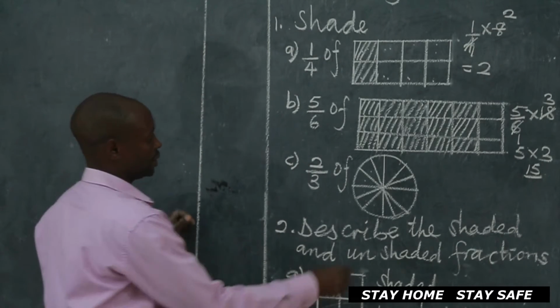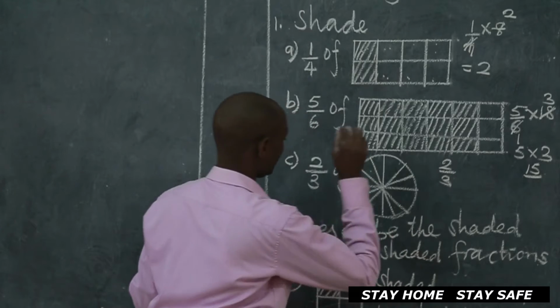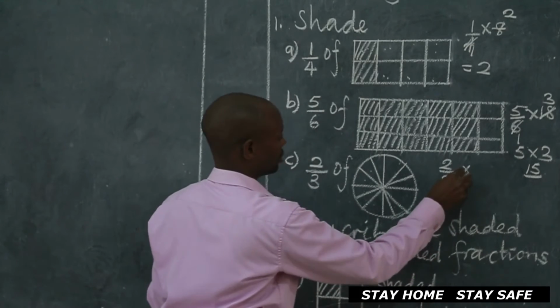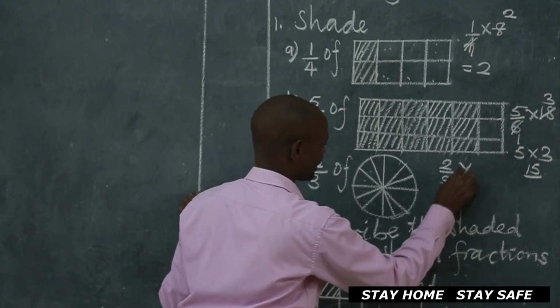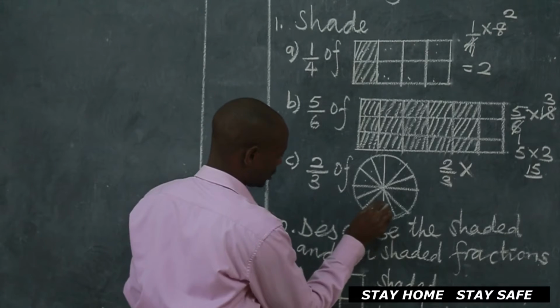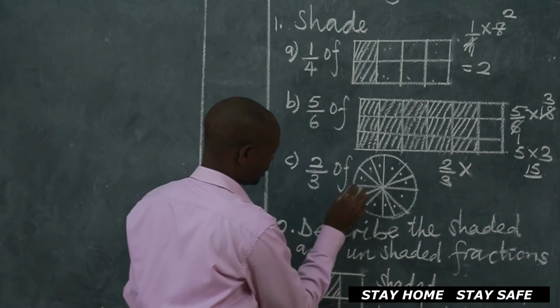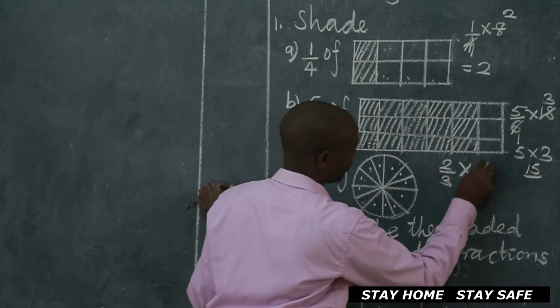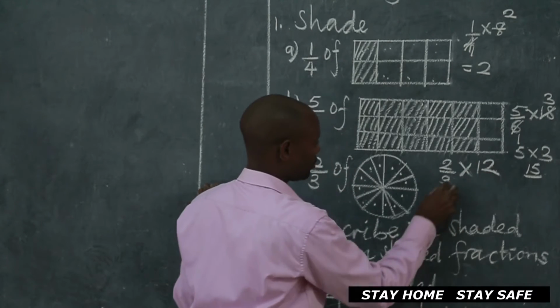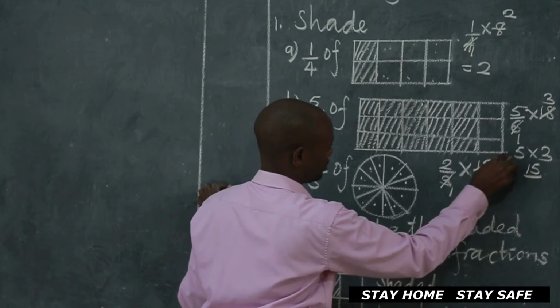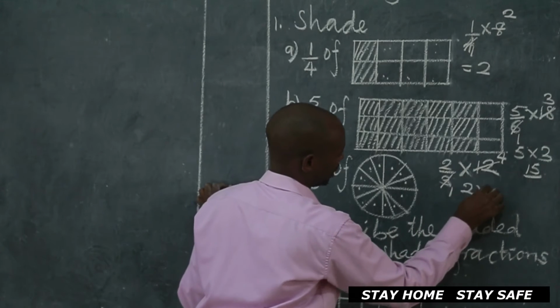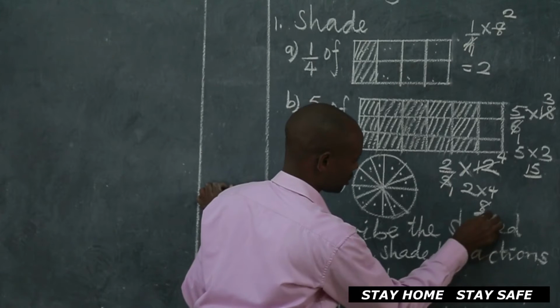Then this one, it is 2 out of 3 times the number of parts. 12 divided by 3 is 4. So we have 2 times 4, which gives you 8.